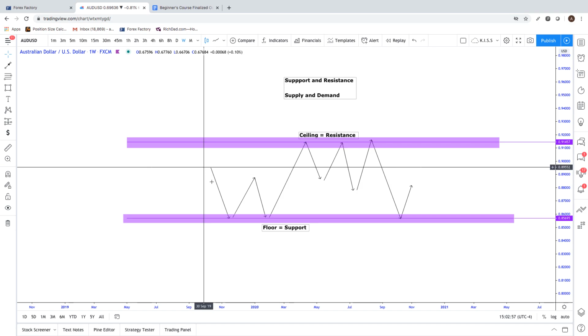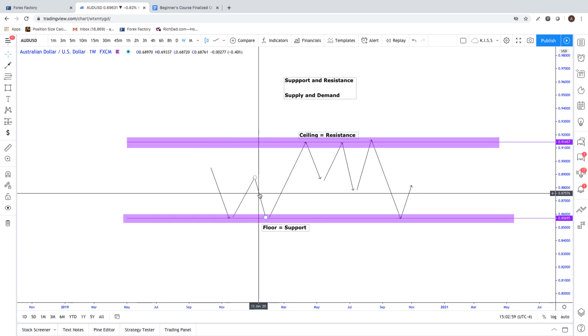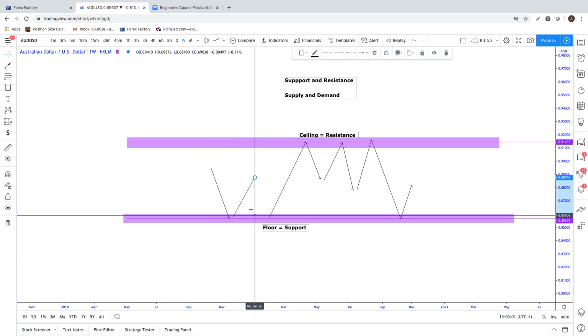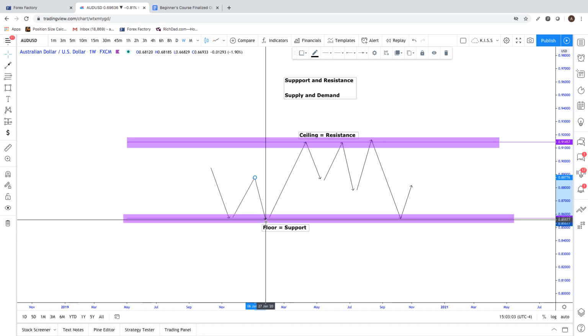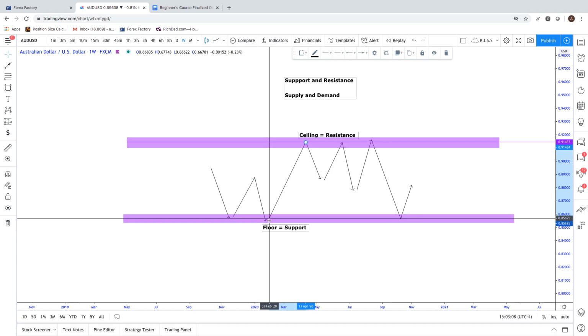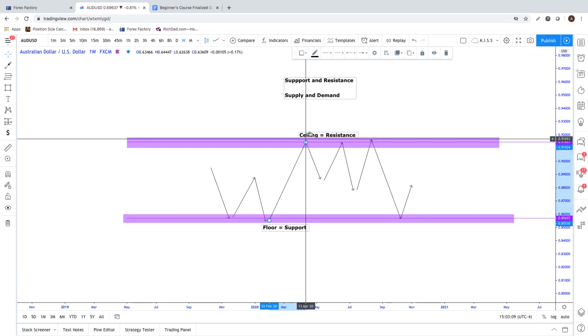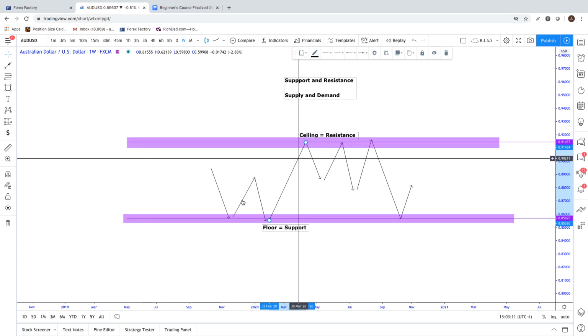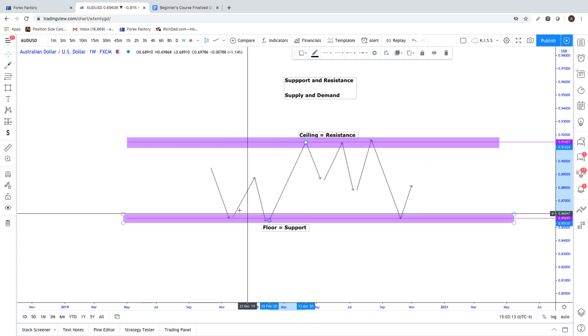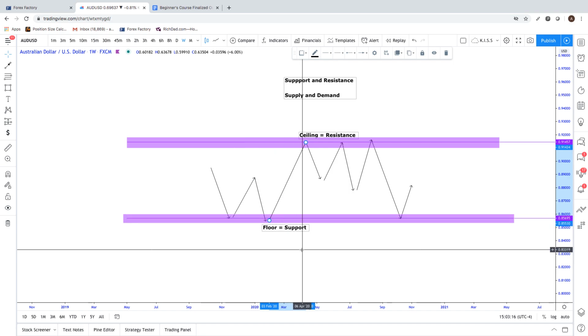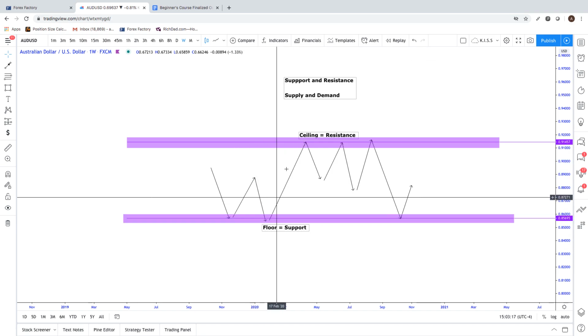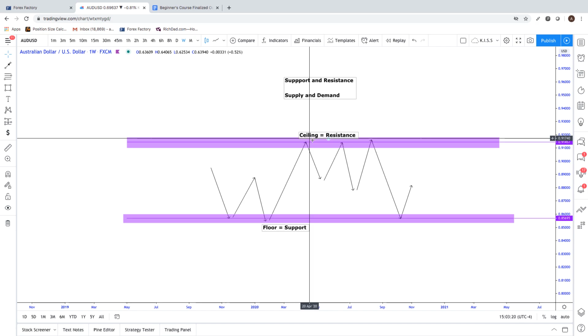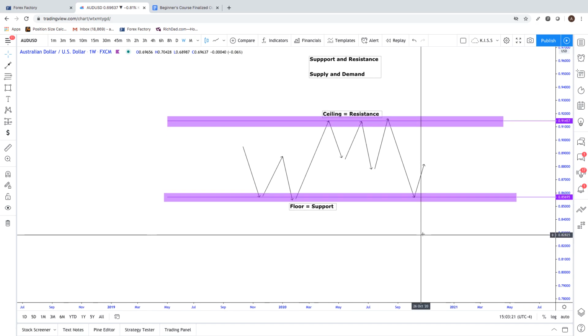Oftentimes, price might make it down to this line one time. The next time, price might come a little bit lower, but then more buyers come into the market and push price back up. So it's a generalized area where you can find support, demand, supply, resistance.